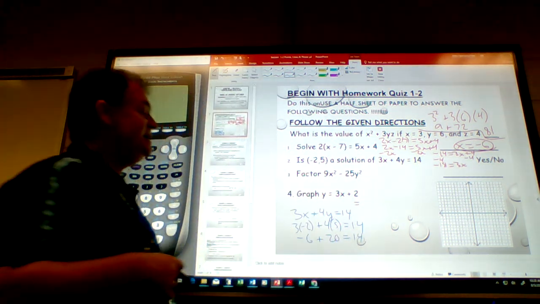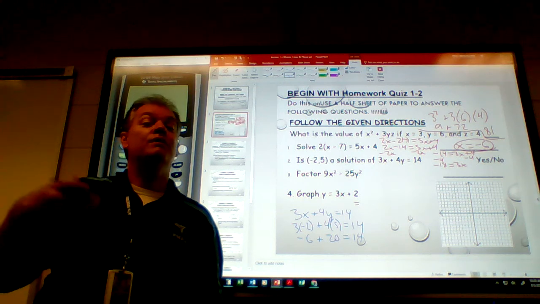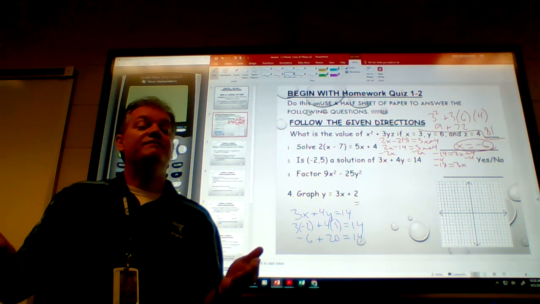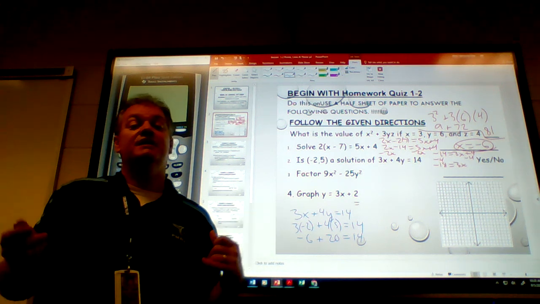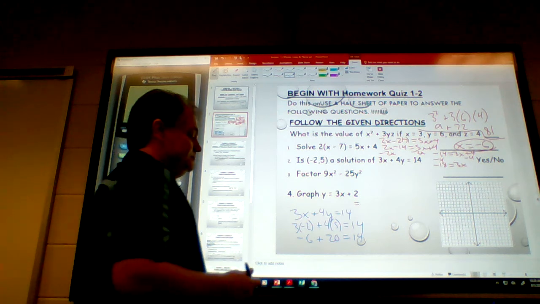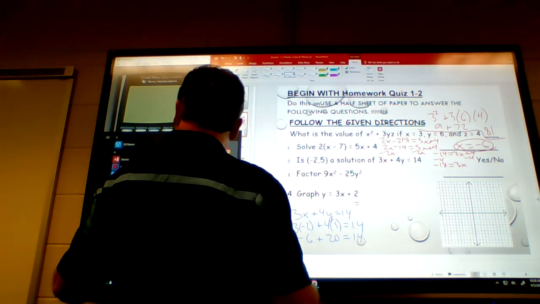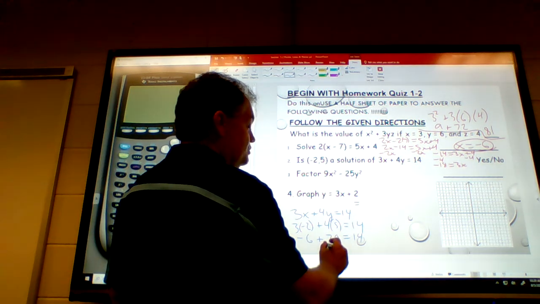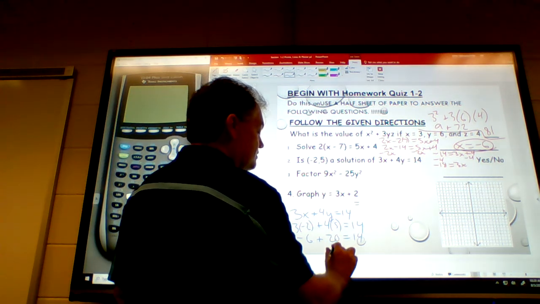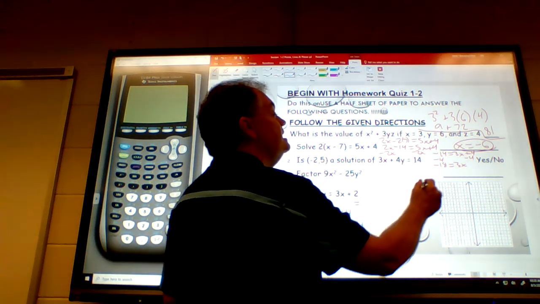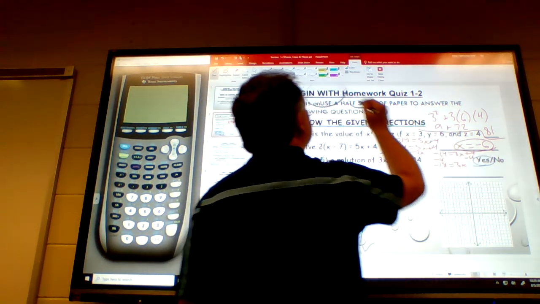So is negative 6 plus 20 equal to 14? Well, let's think about it. You got a negative and a positive. Remember, when you have a negative and a positive, you subtract them and go with the sign of the bigger number. In this case, the bigger number is 20. So it's going to be 20 minus 6, which is 14, which means both sides are equal. So yes, it is a true statement.